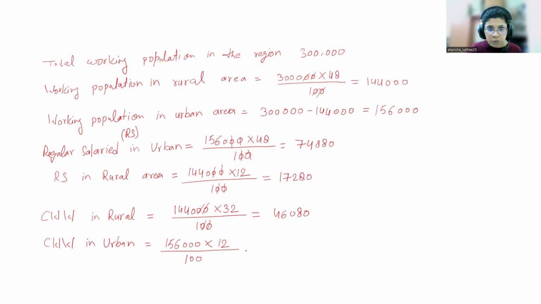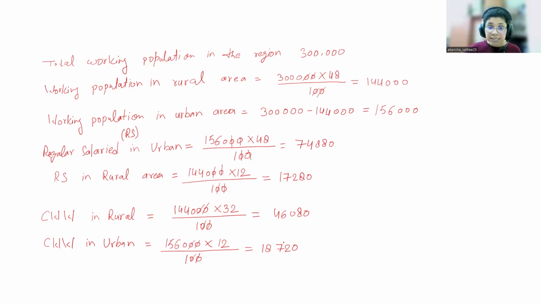And these 20 will get cancelled with these 20, and it is equal to 18,720. Okay. This is the casual wage worker in urban area.